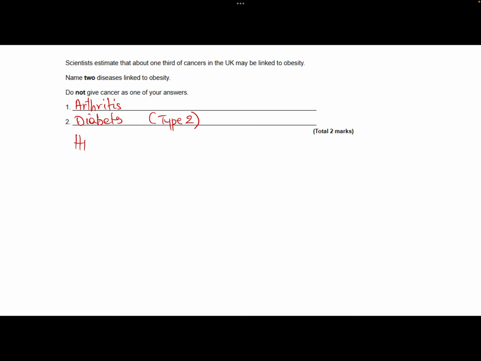High blood pressure, and heart disease, disease of the blood vessels, etc. Okay, so these are some of the things that could happen when a person is obese.